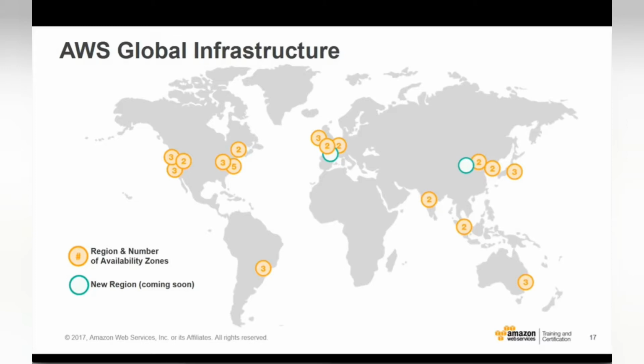I'm going to explain a little more about availability zones in the next slide, but the higher the number in those circles, the better for you guys. More about that in a moment. And the green circles are the regions that are coming very soon. Okay. As you can see, we're structured all over the planet.